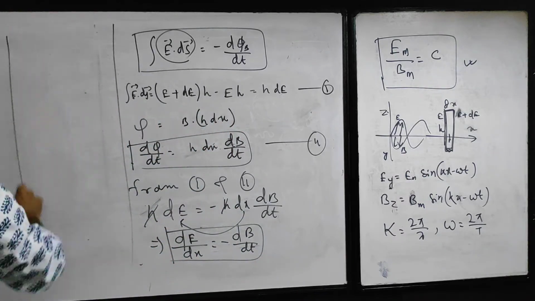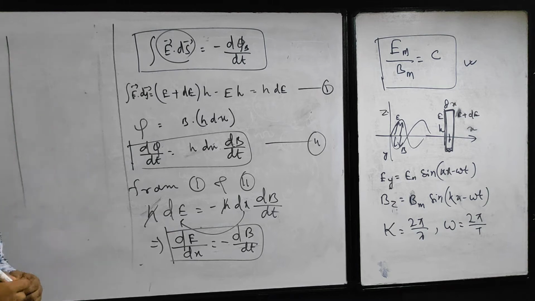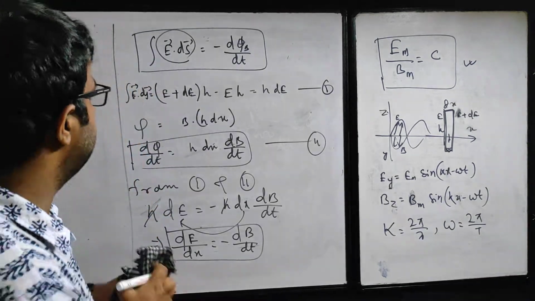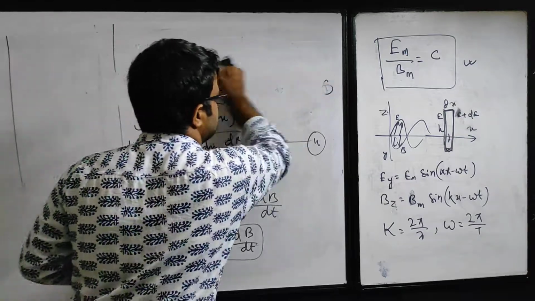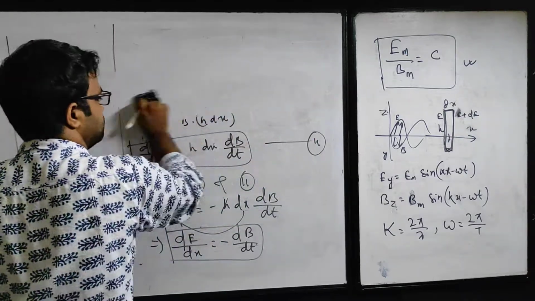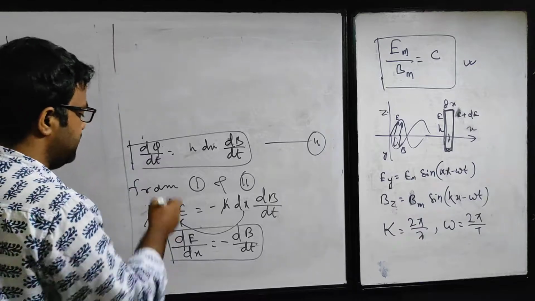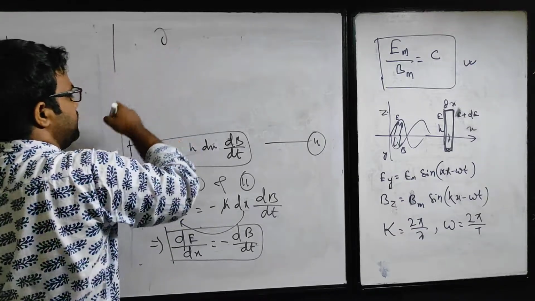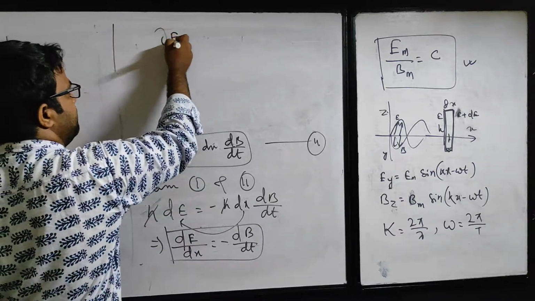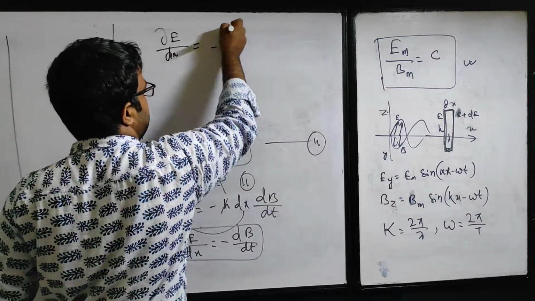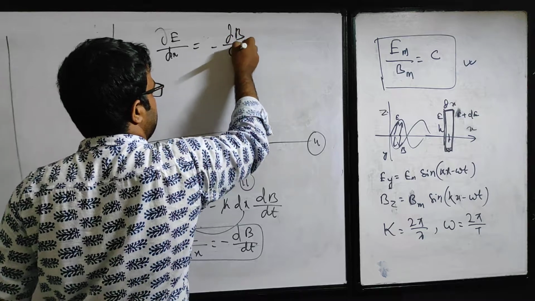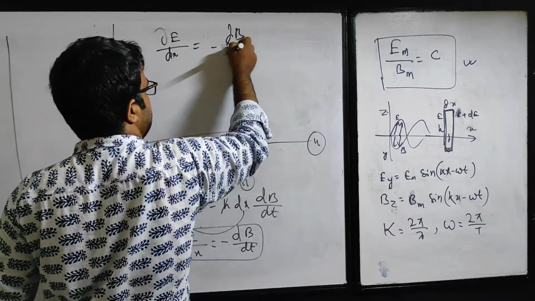So we can write the delta symbol we use generally: delta E by delta x equal to minus delta B by delta t.